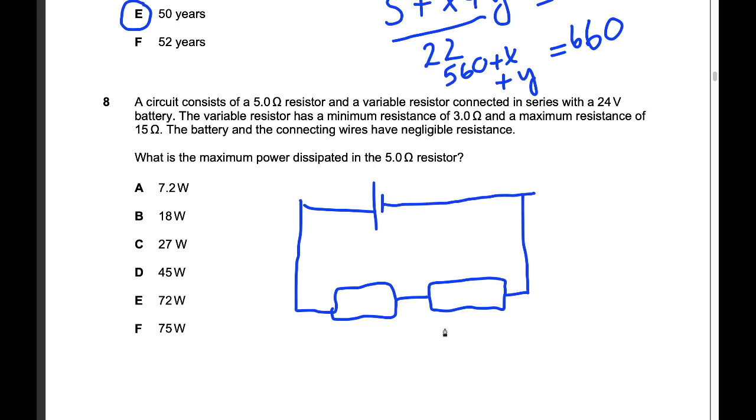Okay, so I'm going to make this my variable resistor. That's the symbol for a variable resistor. And I'm going to call the resistance RV because it varies. This is the 5 ohm resistor, and we have a 24 volt supply.